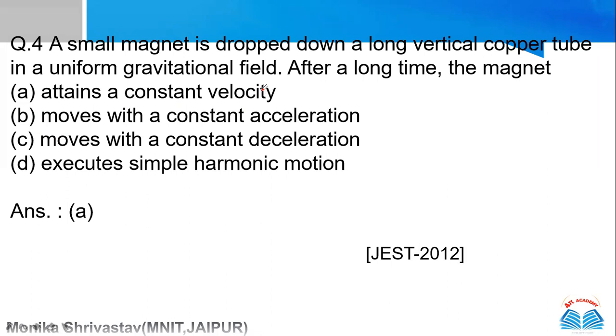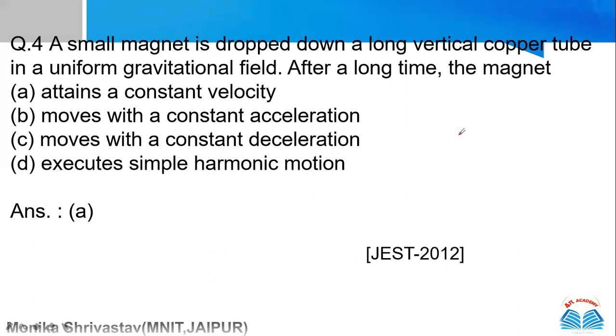To attain a constant velocity, there will be a constant force applied. If there is a constant force, then it will also attain a constant velocity. Option B says it moves with a constant acceleration. Option C is that it moves with a constant deceleration, and option D is that it executes simple harmonic motion.